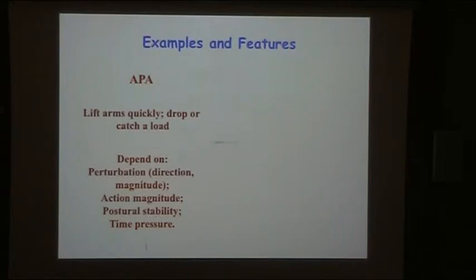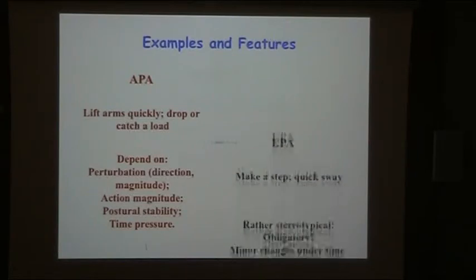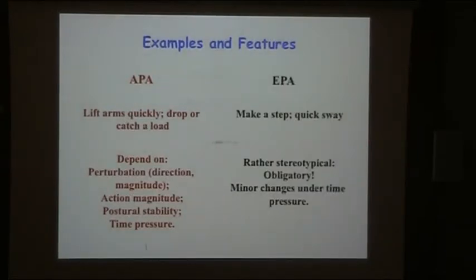They will move to action initiation. They will not be there. If you ask a person to make a step as quickly as possible to the beep, early postural adjustment will be there. Simply because you cannot make a step otherwise. You have to change your posture to make a step. Okay, so they're rather stereotypical, obligatory, and there are minor changes under time pressure.